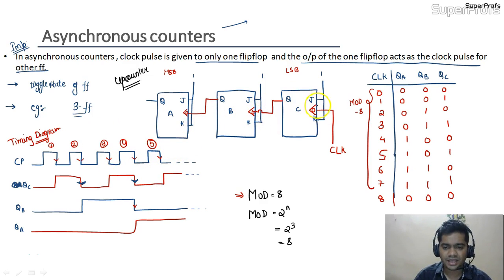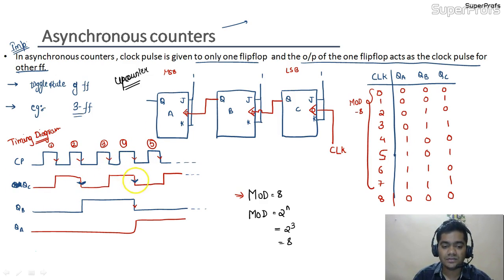Here the clock pulse is negative edge triggered; in case it is positive edge triggered, then the triggering would happen at the positive edge, or we can say at the rising edge, where the clock pulse changes from 0 to 1.